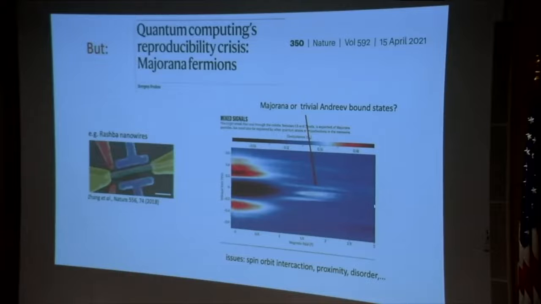It turned out that features like this are most likely what we now call trivial states or Andreev bound states. And there are many issues in setups like this, like the spin-orbit interaction, which is a very important ingredient, the proximity effect by superconductivity to induce a gap, and disorder and so forth.